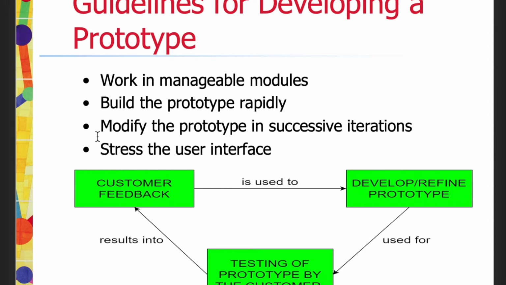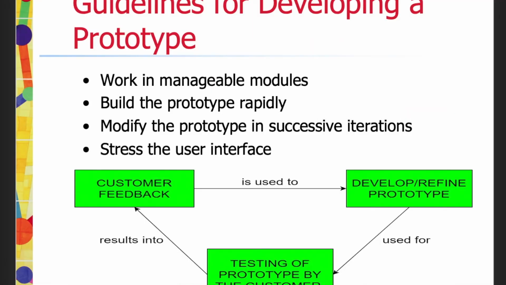Modify the prototype in succession. It should be capable of being modified from time to time. And lastly, the prototype should stress the user interface, or what the user really needs to develop a real system.